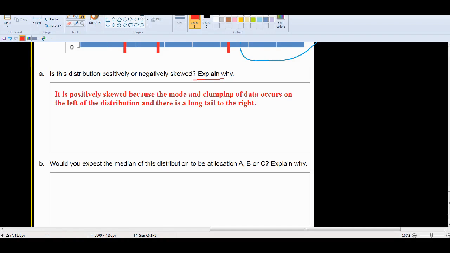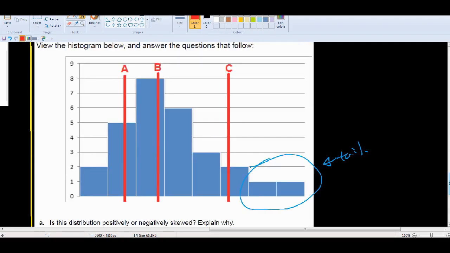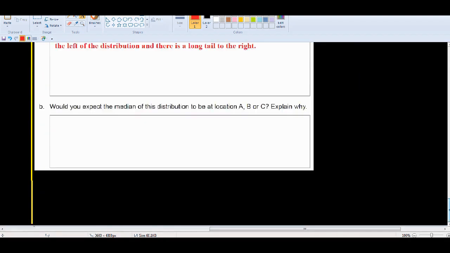You need to mention the mode, which means the peak, and also the clumping of data occurs on the left. So most data group on the left hand side, and there's a long tail on the right.